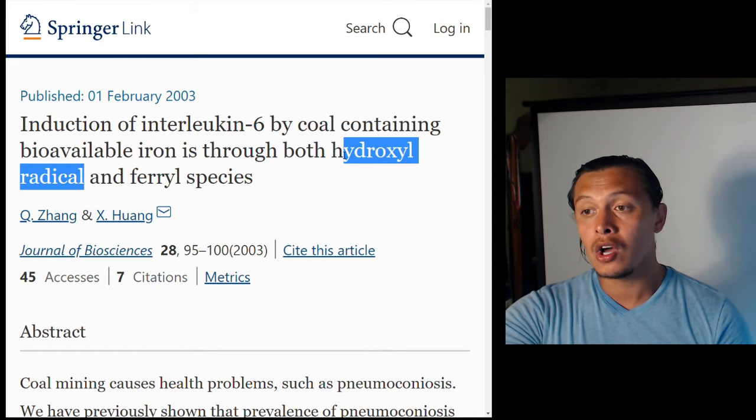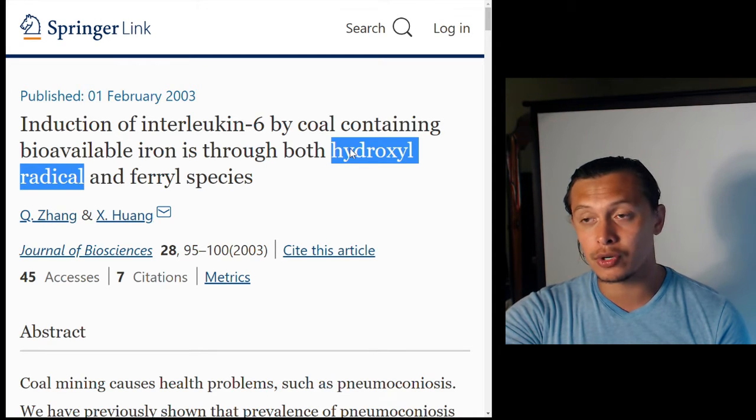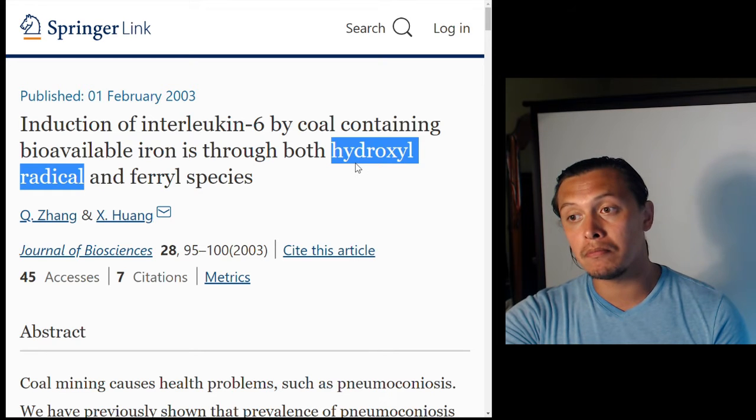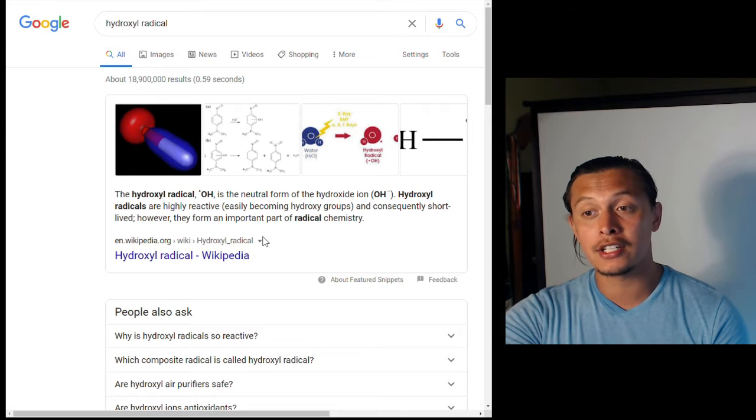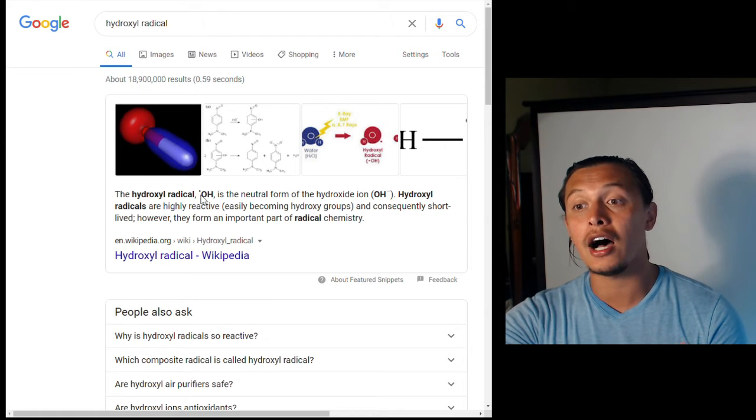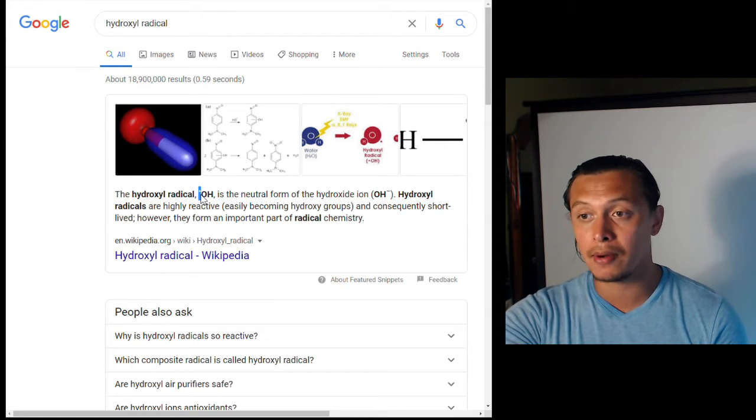In terms of chemistry, radicals are molecules that do not fulfill the octet rule, so they will have an unbound electron of some form.